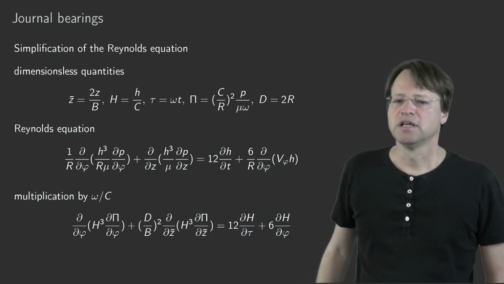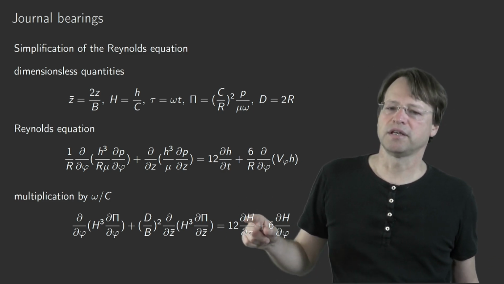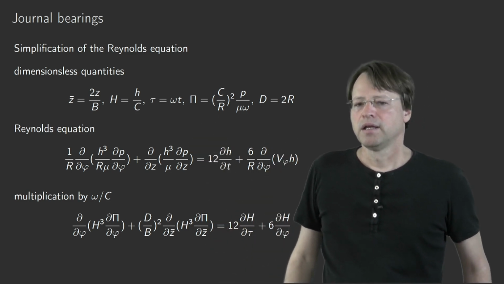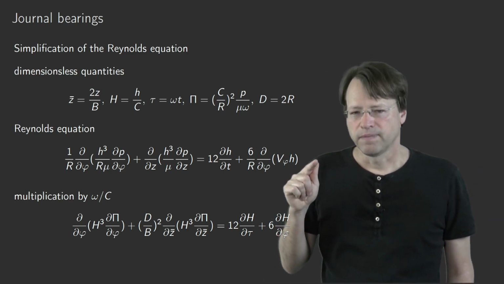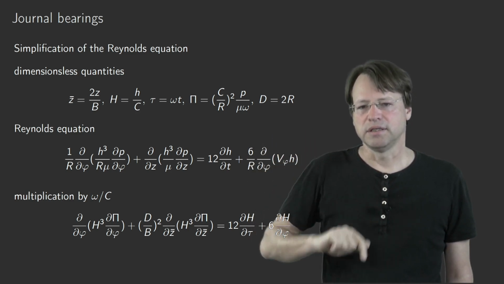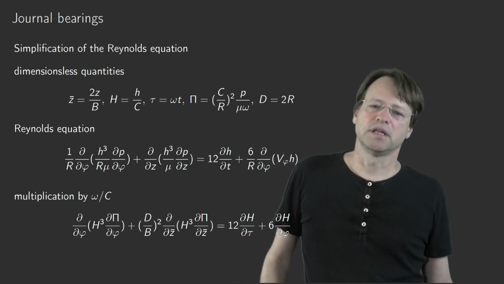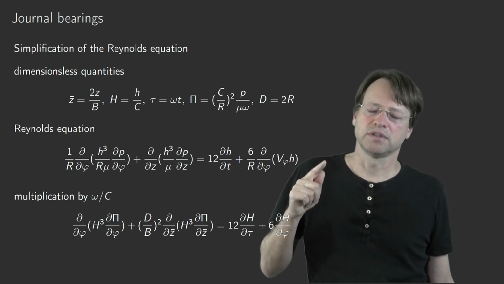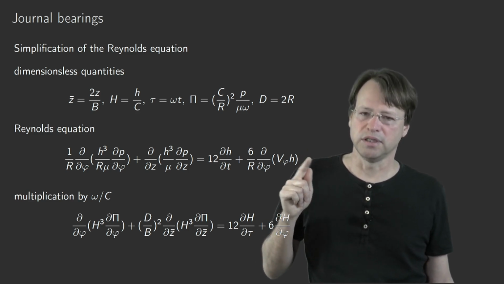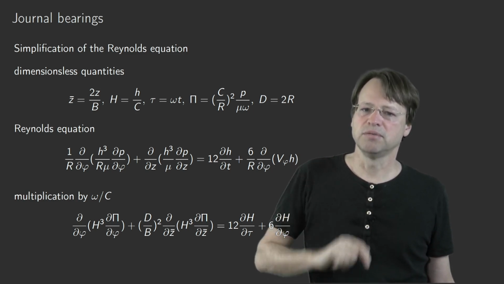As we divide by c, we get the quantity h from which we take the derivative with respect to time t. d by dt would be d tau by dt, which is omega times d by d tau.